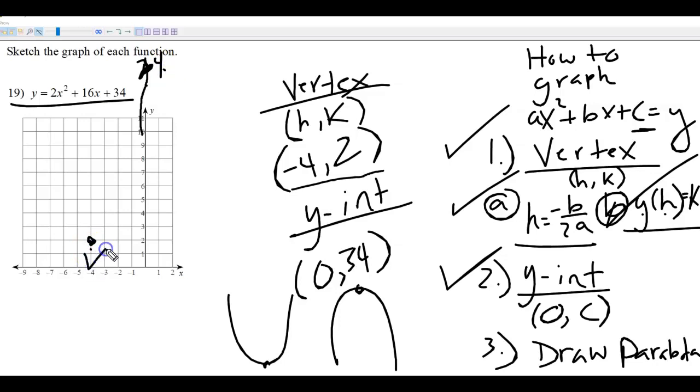Well, it's the one down here. That's important to know because if you connect your dots like this, you're wrong, because that way you made the 34 your vertex and it's not. 34 is actually your y-intercept. This is my vertex, so the only way to connect those dots rationally would be like that. So that's what my parabola would have to end up with.